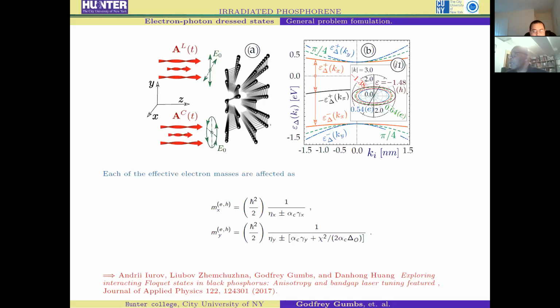remember that if we take a cross-section of the cone, it's circular. That is isotropic, that is, the energy is independent of, does not depend on, the direction of the wave vector K. But here you see, we have the two subbands labeled by epsilon plus, epsilon minus. So I have the conduction and valence bands.